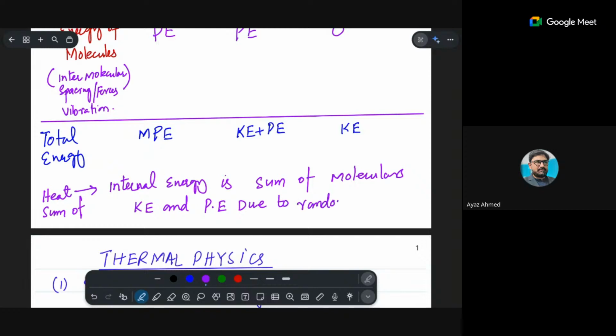This is very important. You cannot define which particle has kinetic and which has potential energy, so it is a random distribution of motion. Is this clear to everyone?